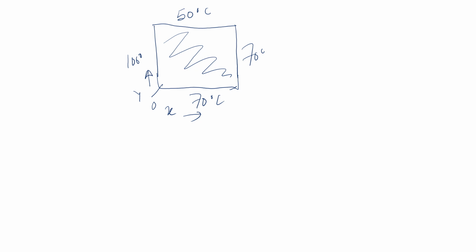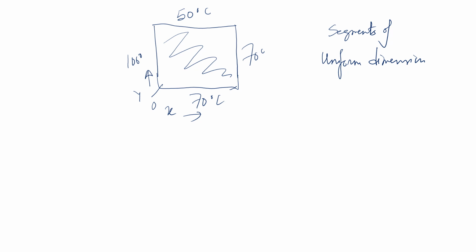Now, what we can do is we can divide this square plate into segments of uniform dimension, and we can find the temperature at the junction point of these segments.